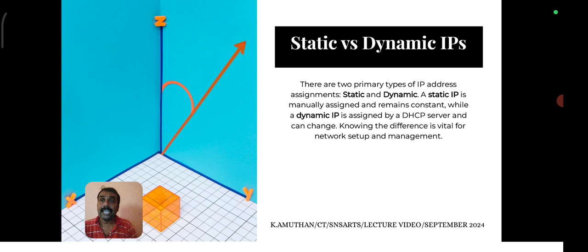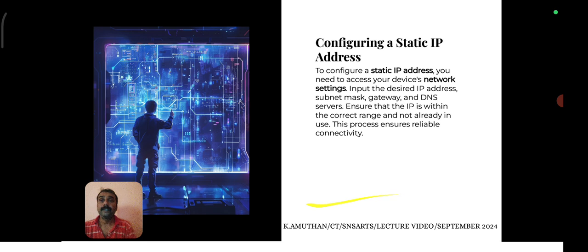A static IP is manually assigned and remains constant, while a dynamic IP is assigned by a DHCP server, Dynamic Host Configuration Protocol server, and can change. Knowing the difference is vital for network setup and management.